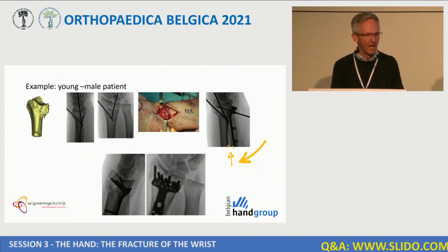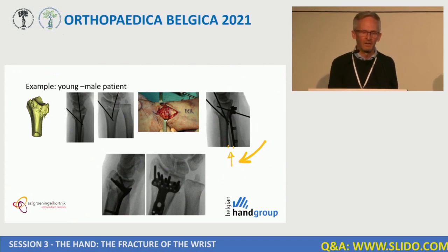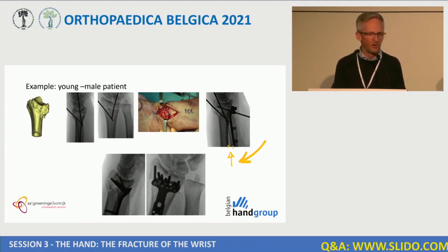So, one example, the young male patient, and you see I do a reduction with K-wires, the Kapandji way. I could stop there, but why stop when I could make my reduction even better, and even more stable? Classic approach described by Orbay. And you can see that my incision goes a bit more distally than the wrist crease, so that I have a nice exposure of my lunate fossa, of the ulnar side of the radius.